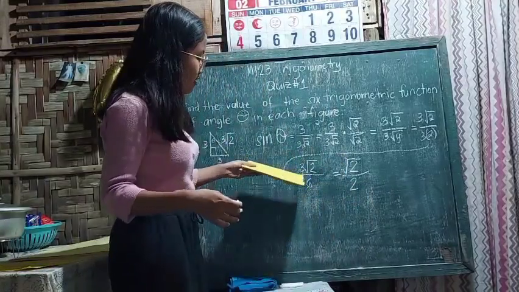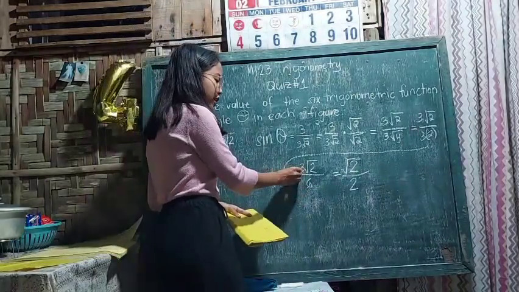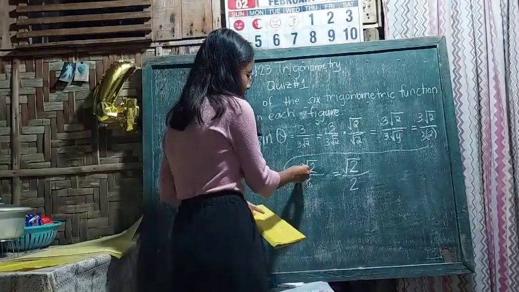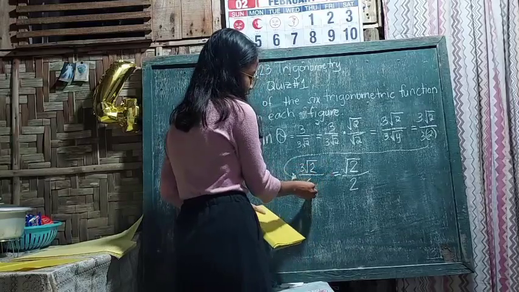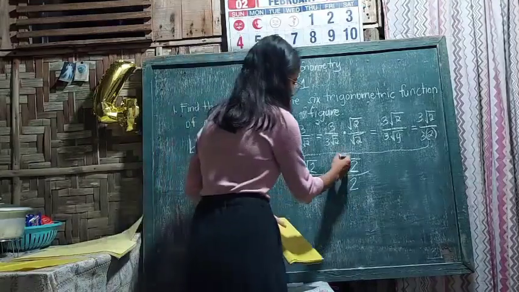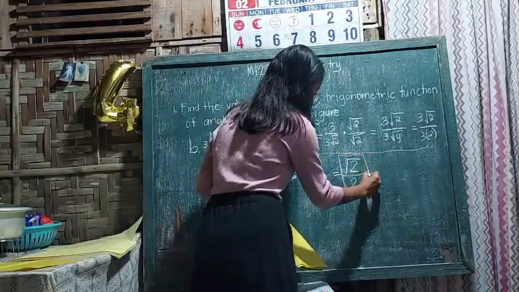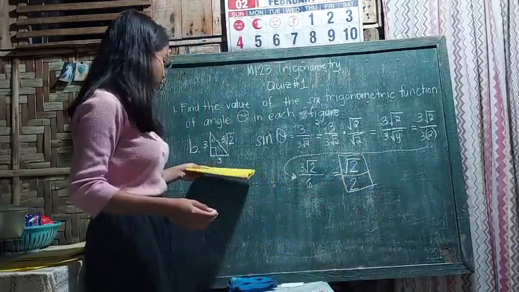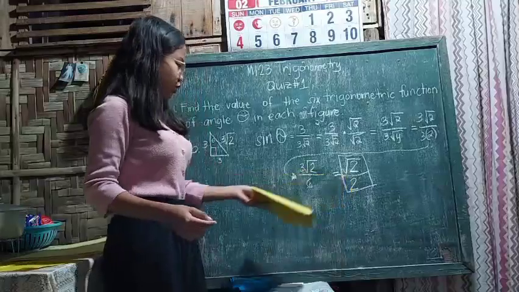Since 3 and 6 have a common multiple of 3, 3 divided by 3 is 1, and 6 divided by 3 is 2. So the value of our sine here in this figure is square root of 2 over 2.